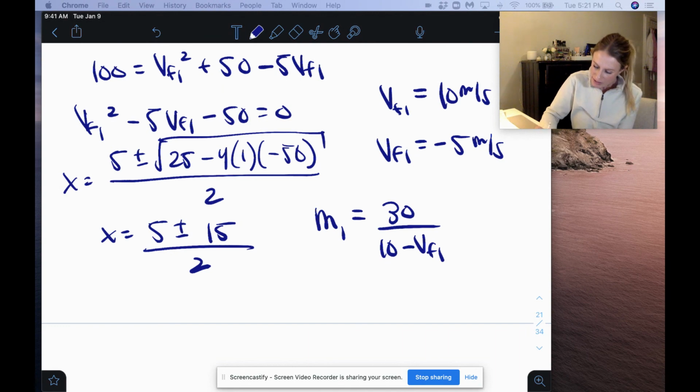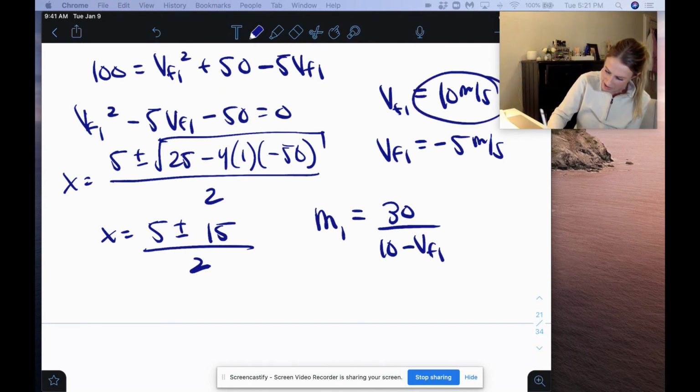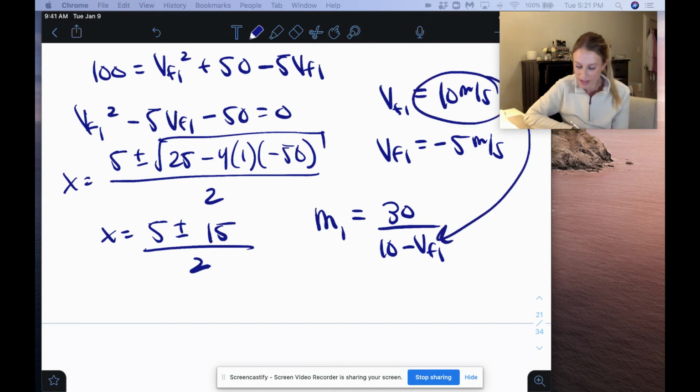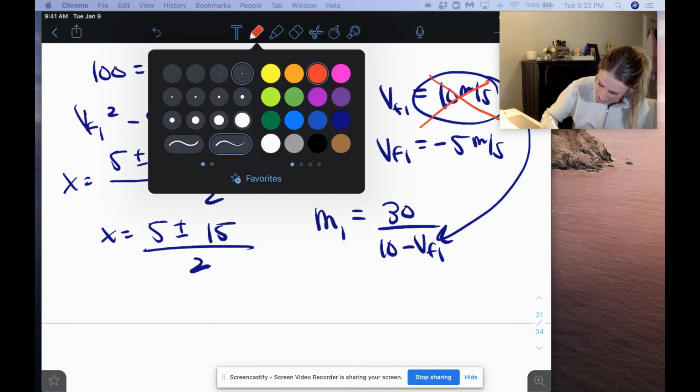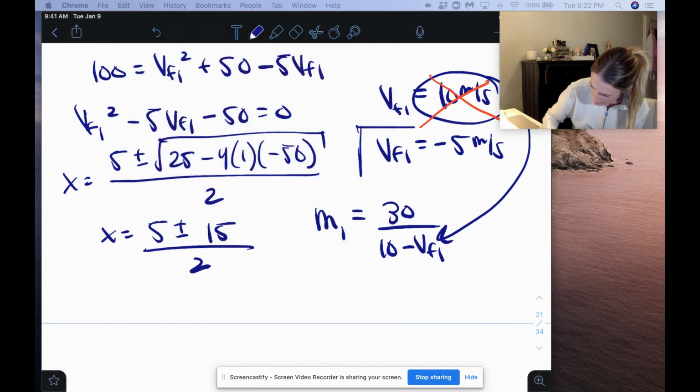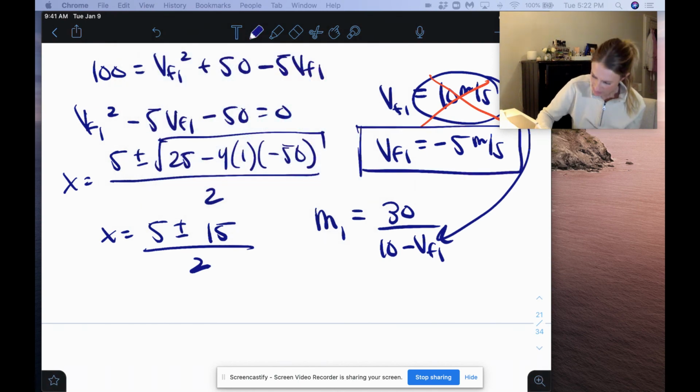If I plug in a positive 10 for v final 1, do you see how I get 0 on the bottom? If I get 0 on the bottom, that's not good. I don't want to divide by 0. It's just not a good thing to do. So I'm going to throw out that answer, and that means my answer for v final 1 is actually negative 5 meters per second.